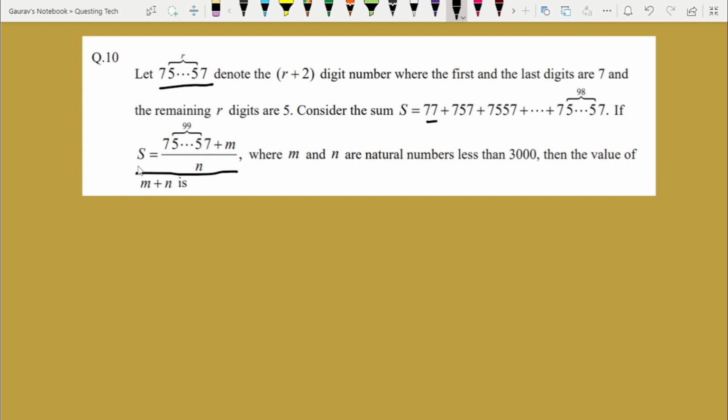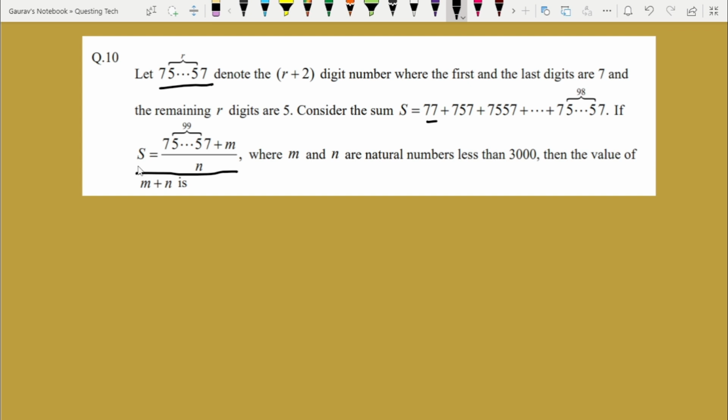But if we denote this big number by a certain integral or summation, then we can find the number.